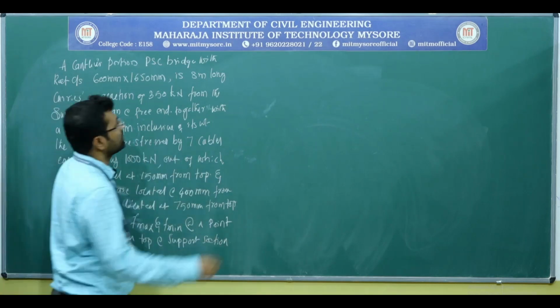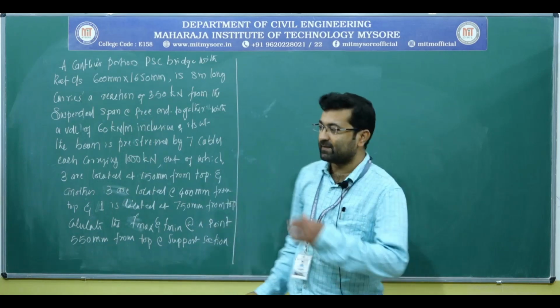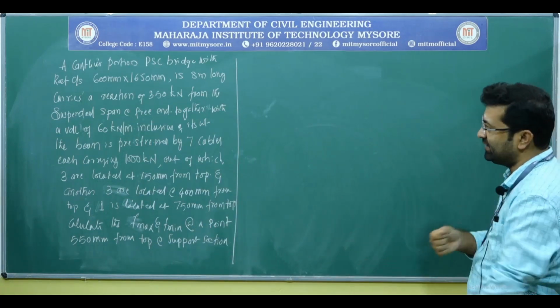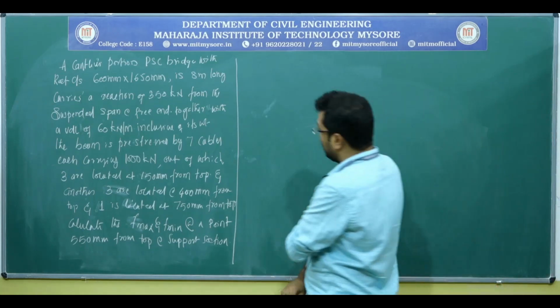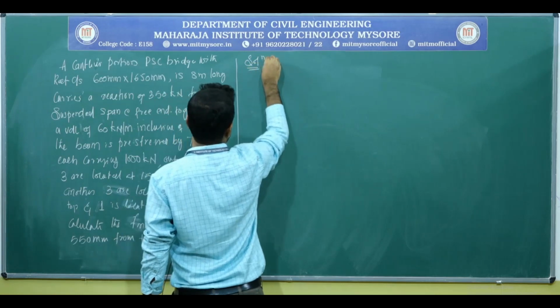Okay. So the problem is a little bit complicated to understand. Anyway, let us formulate it in the diagram so that we can understand it. So let me go through the problem solution.